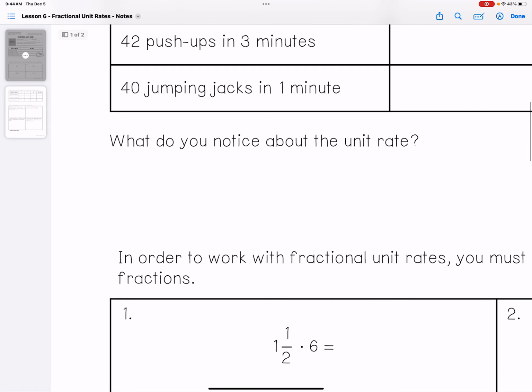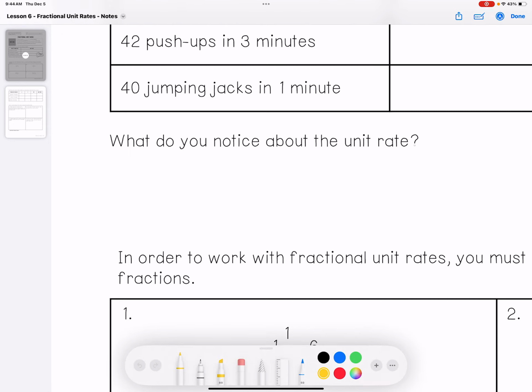Anyways. Let me finish writing that for you. In the problems above, it is per minute. 1 minute.